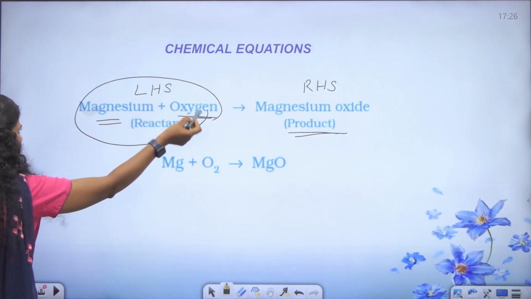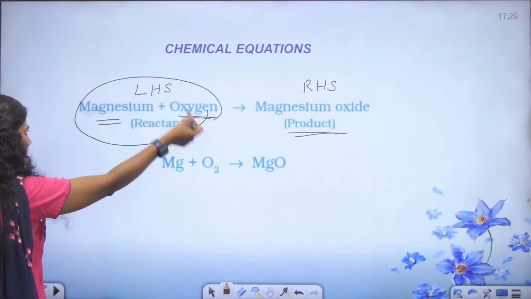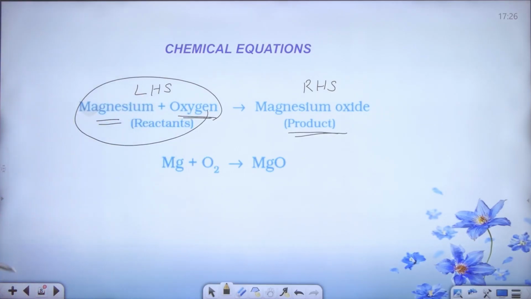Magnesium plus oxygen. That means magnesium and oxygen are reactants and written on the left hand side of the equation. Then the right hand side, product. Then the arrow mark.